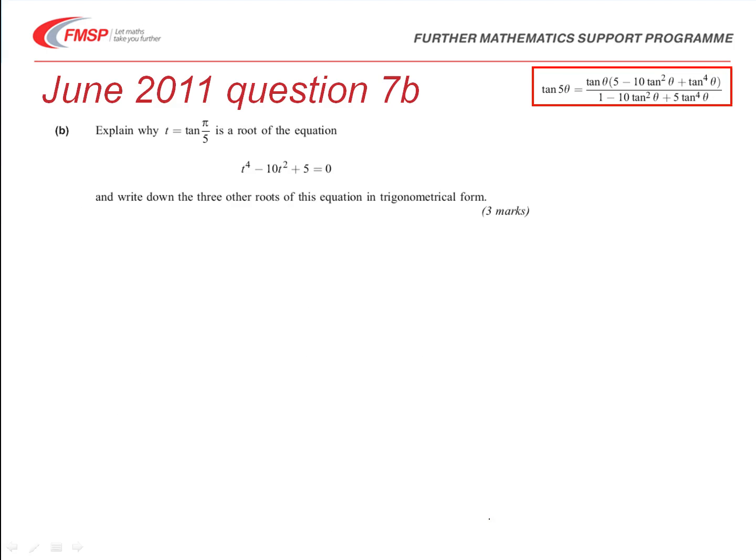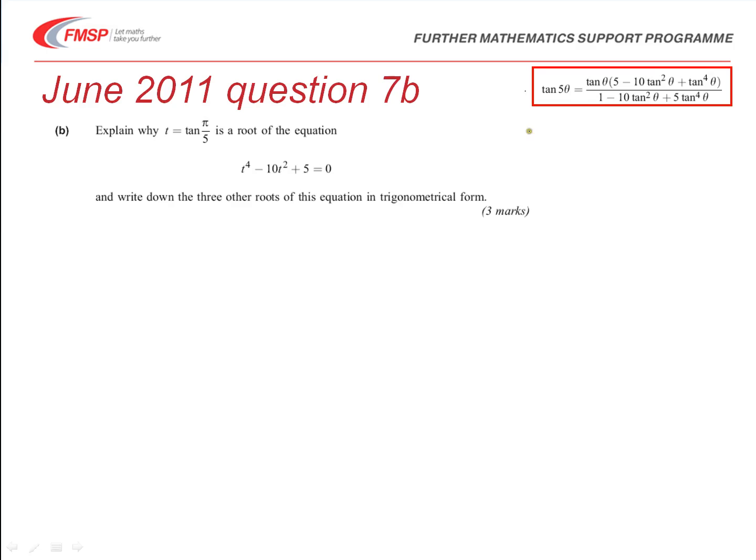Okay, now we're into part B of the question. And the first part says explain why tan pi by 5 is a root of this equation. Well, you can see at the top right side here, tan 5 theta is equal to this expression. Well, what do we know about tan pi by 5?